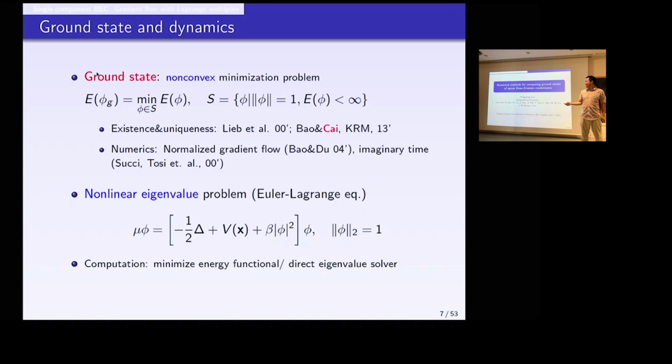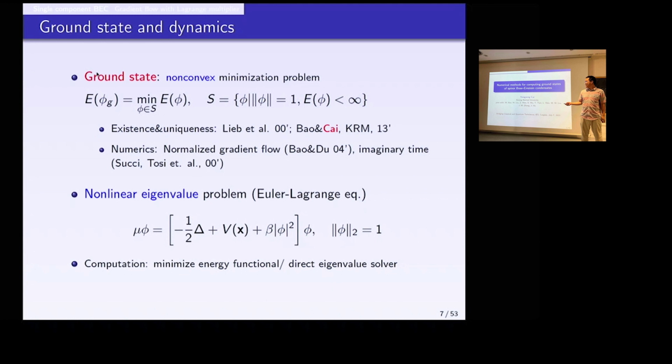We can view it as an energy minimization problem under the constraint that the total number of particles is fixed. So this is a non-convex minimization problem. The other one is to compute the dynamics, basically to simulate how the system evolves. But in this talk we focus on the ground state problem.